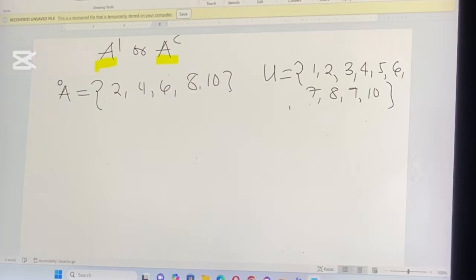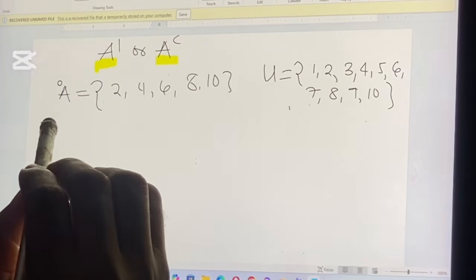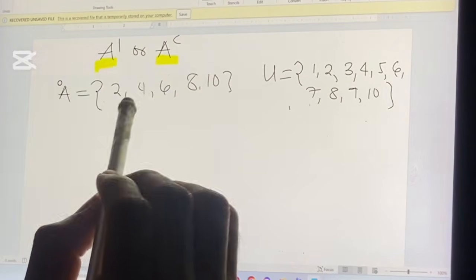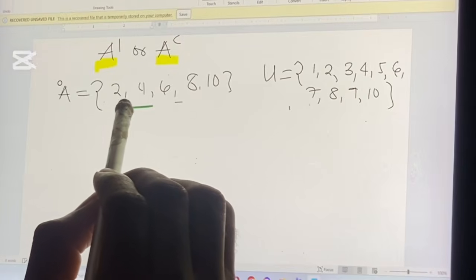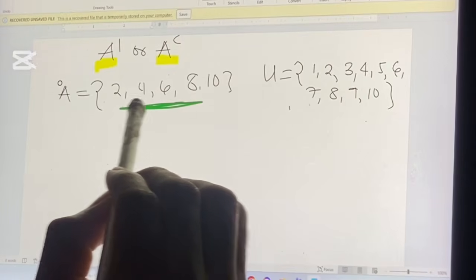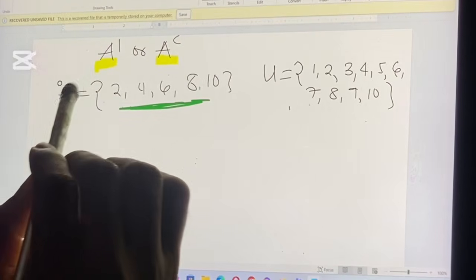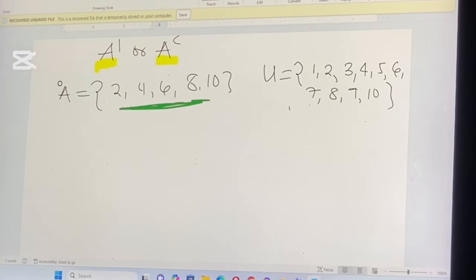Please take note. So class, what are the elements not in this A but in the union set? That will be the complement of this A here.